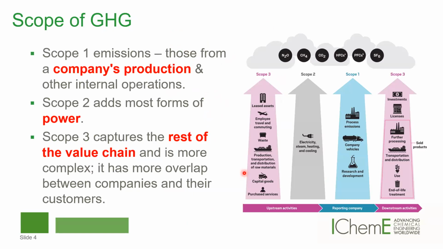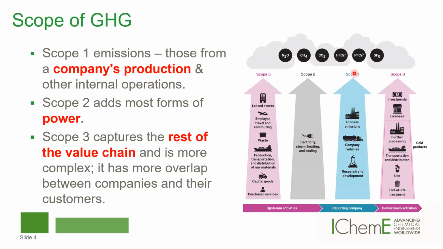We have three different scopes for greenhouse gas emissions. So this is the international definition of scope 1, 2, and 3 greenhouse gas emissions. So for scope 1, these are the emissions associated with the company's production and internal operation.